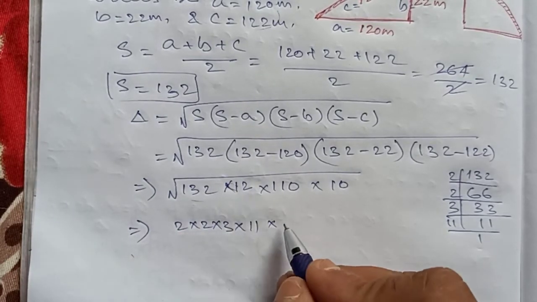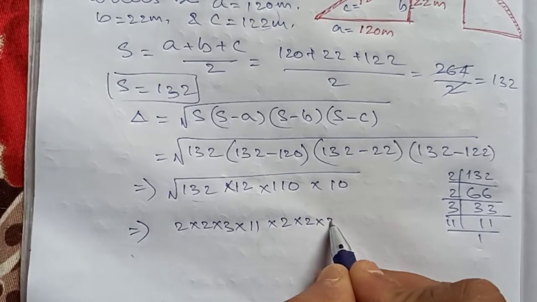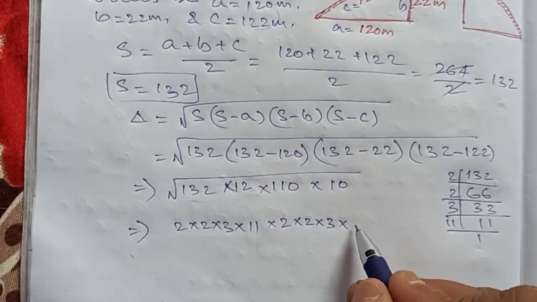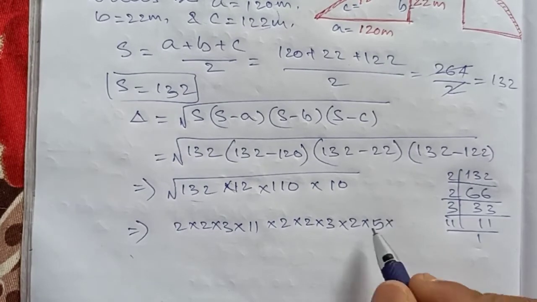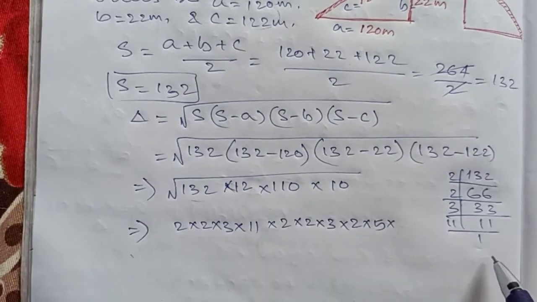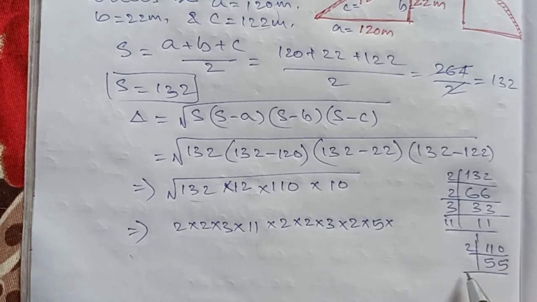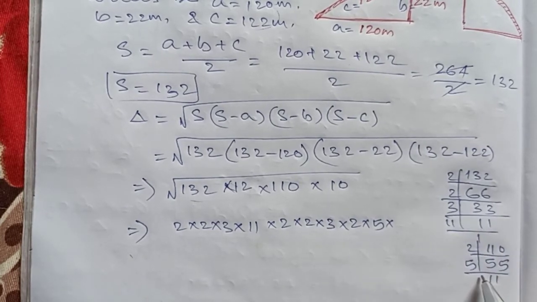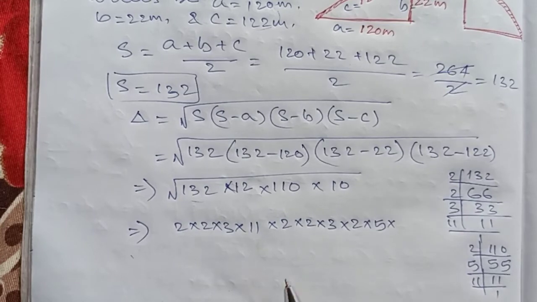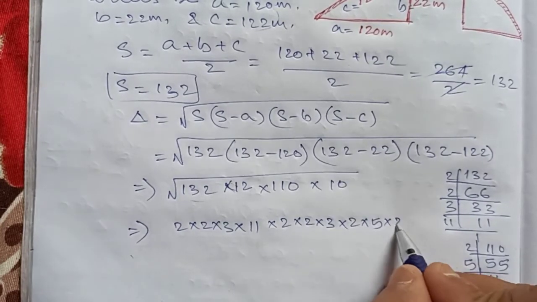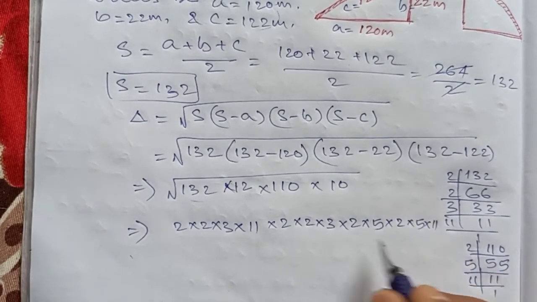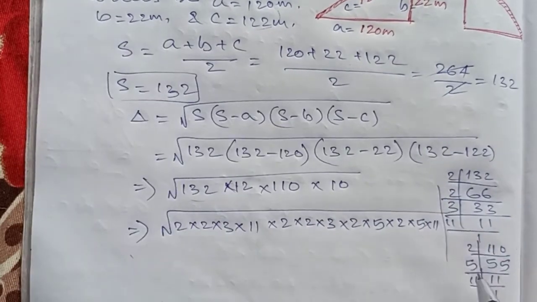Now the factors of 12 are 2 into 2 into 3, and the factors of 10 are 2 into 5. Now the factors of 110 are 2 into 5 into 11. This much we got the factors of all the numbers.